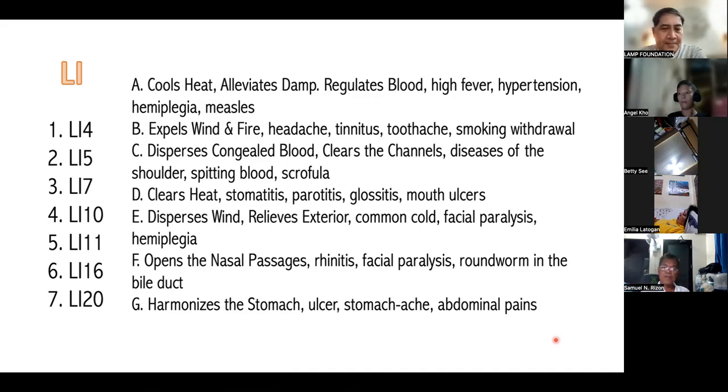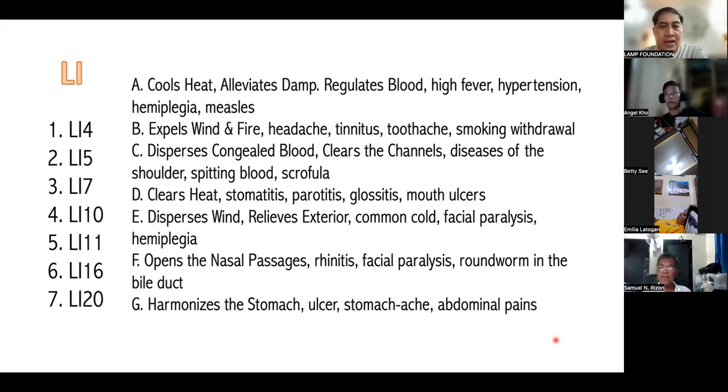Ang LI po, Doc, is metal. Earth po, mother of metal. Yes po, metal. Earth is the mother of metal. So, anong answer mo sa LI10? Letter G. Okay, yes po, letter G. Ina-harmonize po ang stomach.